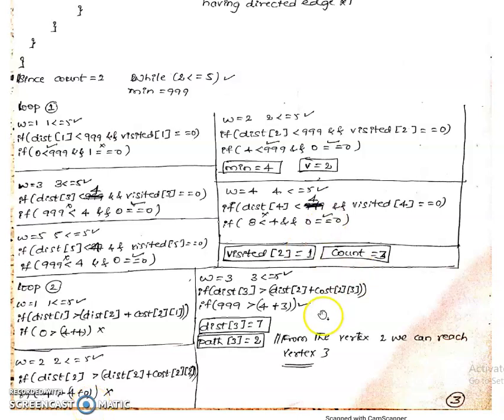Once W is equal to 3, distance of 3 is 999, greater than distance of 2, which is 4, plus the cost between vertex 2 and vertex 3. There is an edge with cost 3. So 4 plus 3 is 7, and 999 is greater than 7. That's the reason for the new distance, because we don't have a previous value for our given graph.